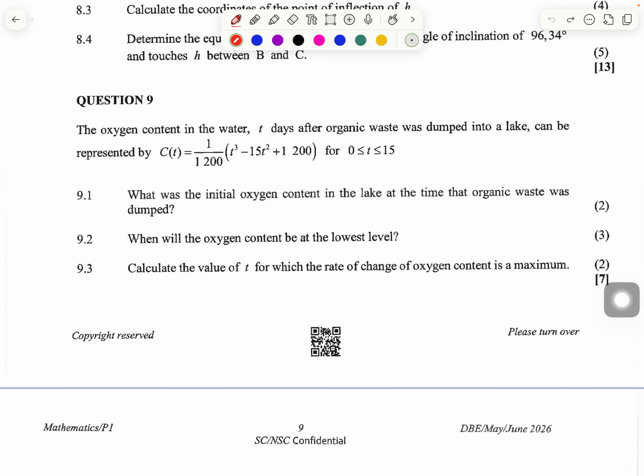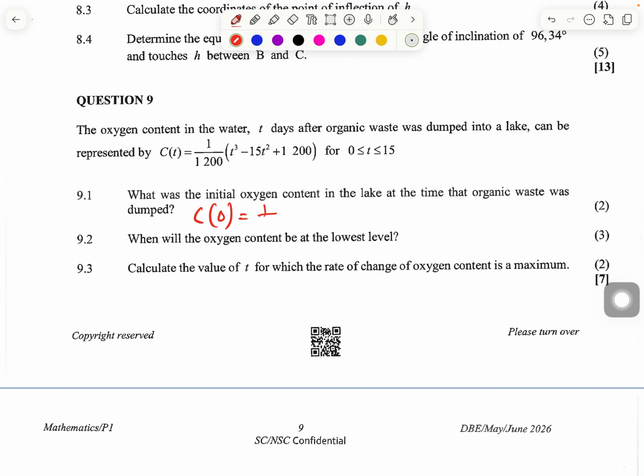Now, they say, what was the initial oxygen content in the lake at the time that the organic waste was dumped? So they want what? They want the initial oxygen. So it means this is going to be C of 0.